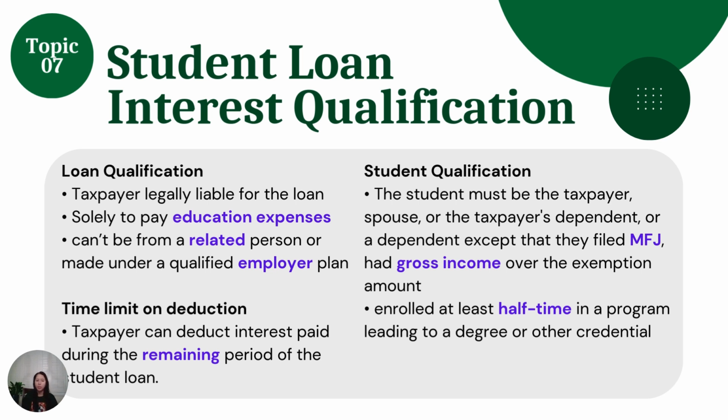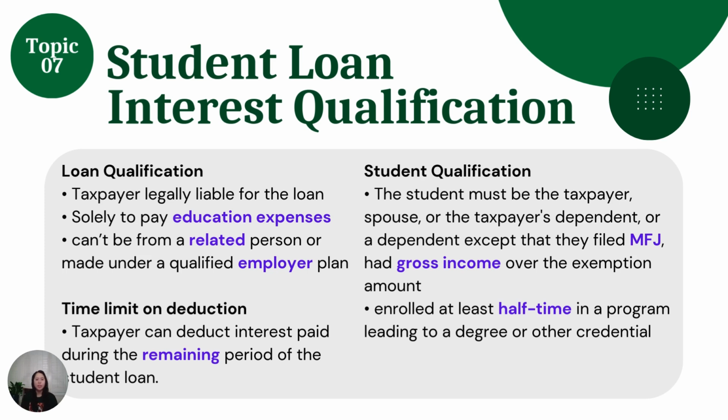This could be tuition, books, rent, etc., stuff to live on while in school or to do school, basically, at a secondary education institute. The loan can't be from a related person or made under a qualified employer plan either. And a taxpayer can deduct interest paid during the remaining period of the student loan. So you can only deduct it during the period of the loan, basically.